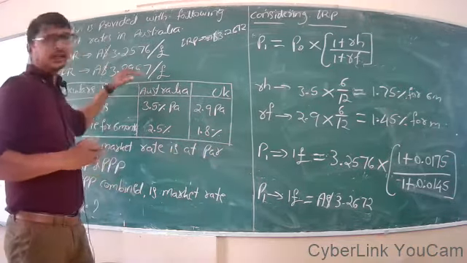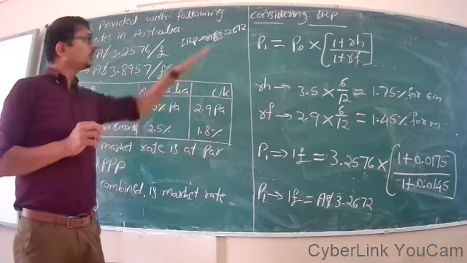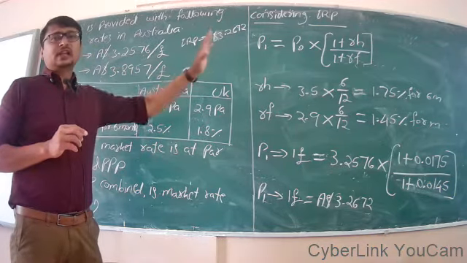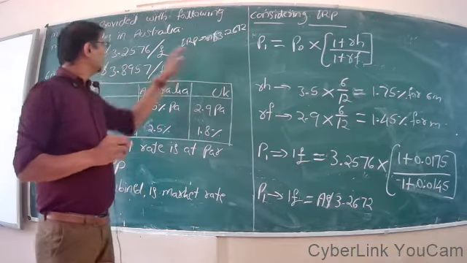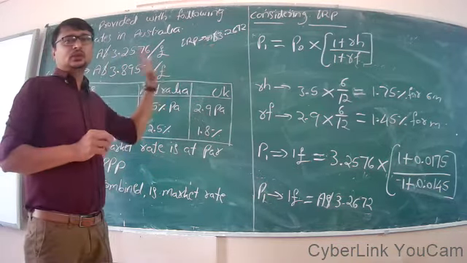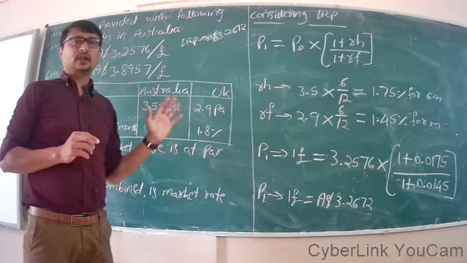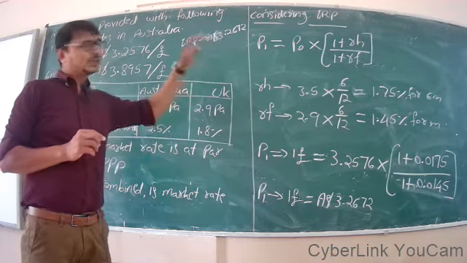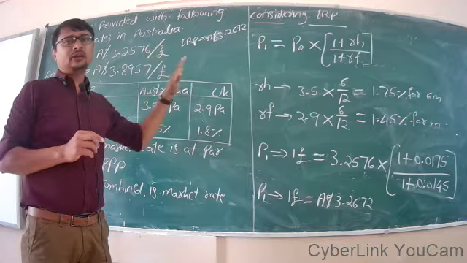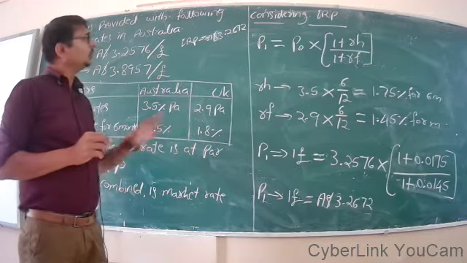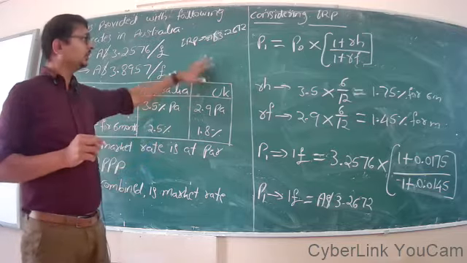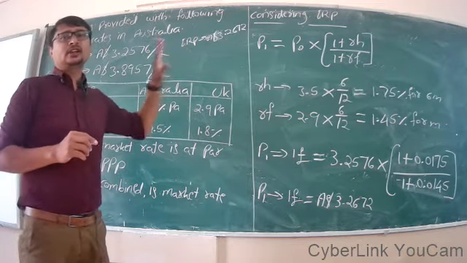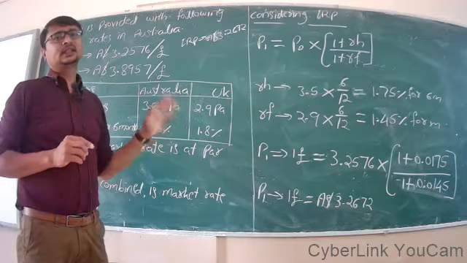But in this case, the actual market rate and the rate derived with the help of IRP differ. So IRP theory is not justifiable here because Australian dollar is overpriced in the market.